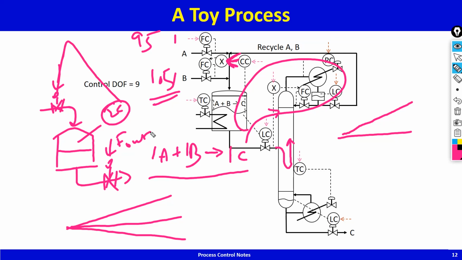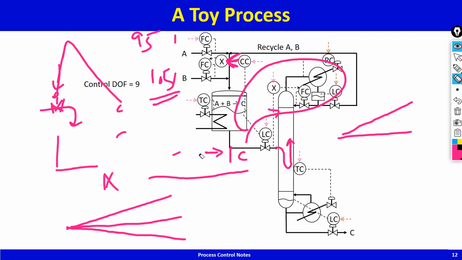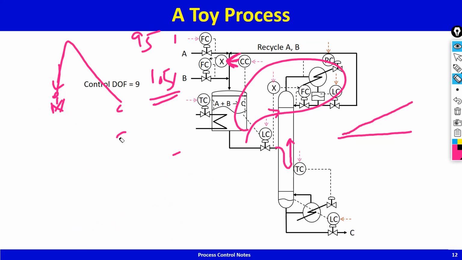Similarly in this case, in the case of this ratio, A to B ratio, because A and B may not be exactly stoichiometrically balanced, the excess reactant is going to accumulate in the recycle loop.